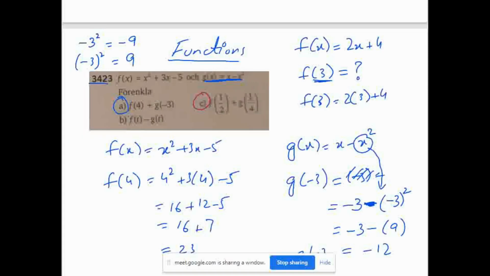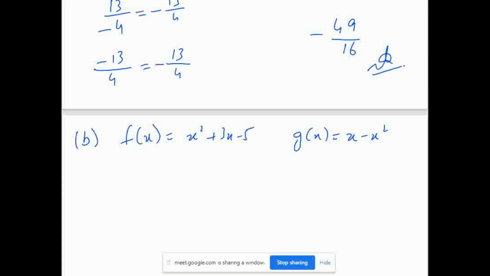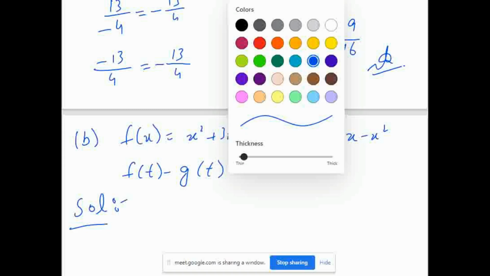Now in the B part, what we have to find out is f of t minus g of t. Let me write it over here, f of t minus g of t. Is there any confusion in this one?